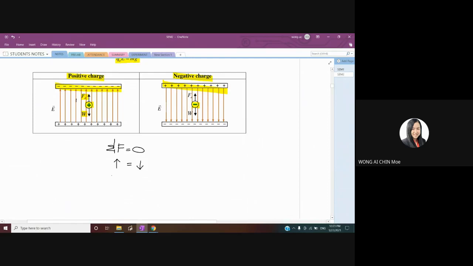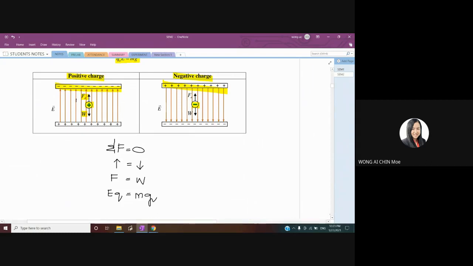The force acting upward is our attractive force and the force acting downward is our weight. So we can write it as EQ equals to mg. So this is case number 1.